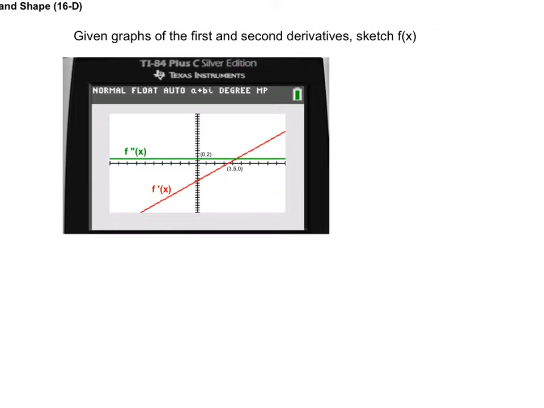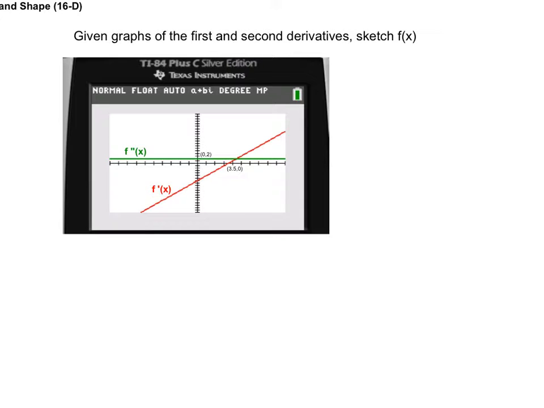Let's start by looking at our second derivative. What do you notice about it? It's a straight line. It's constant. It equals 2. So it's always going to be 2, which is a positive number. So the entire function is concave up.